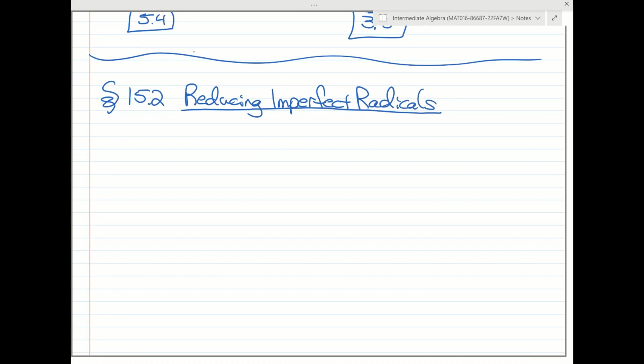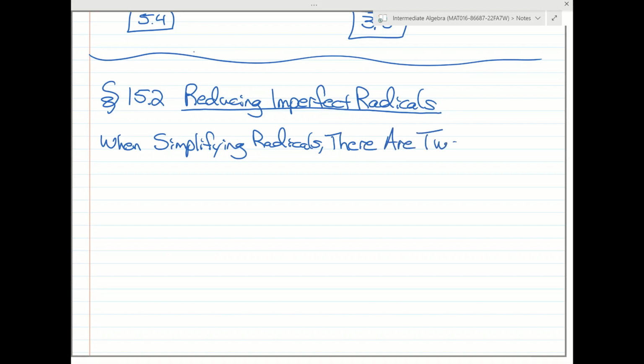All right, so when simplifying radicals, there are two options.